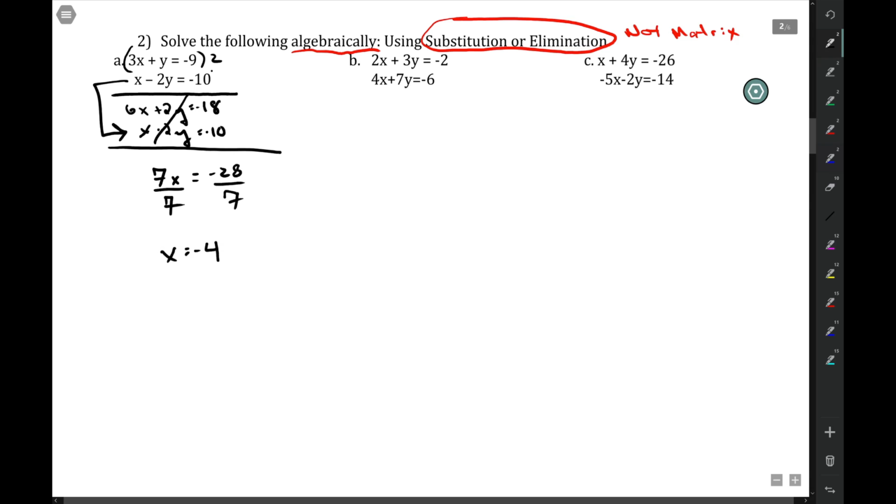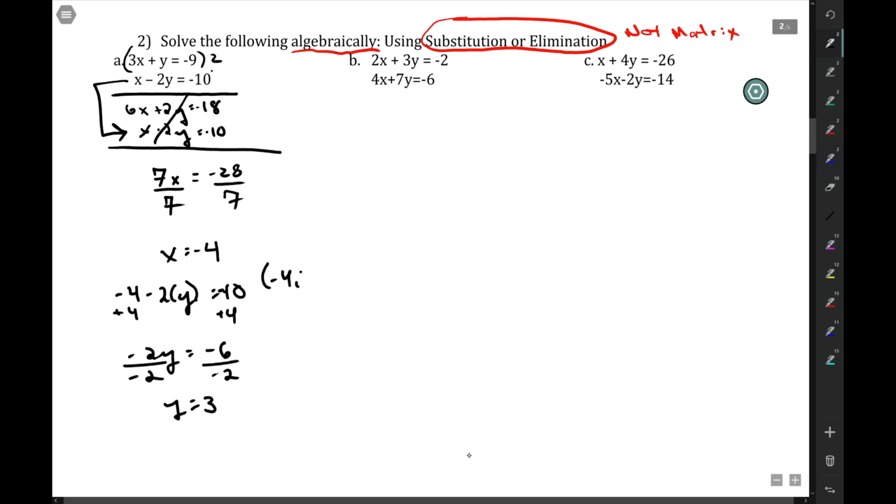If I substitute that back in, negative 4 minus 2 times y equals negative 10, and, sorry, negative 10 plus 4, negative 6 equals negative 2y, bada bing, bada boom, y equals 3. Now again, you want to express your answers as ordered pairs.